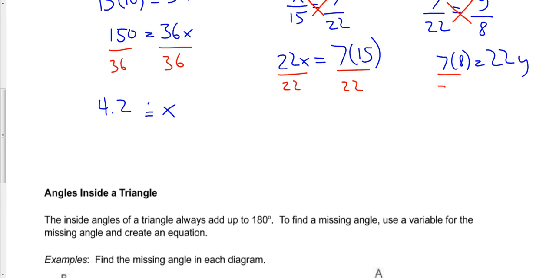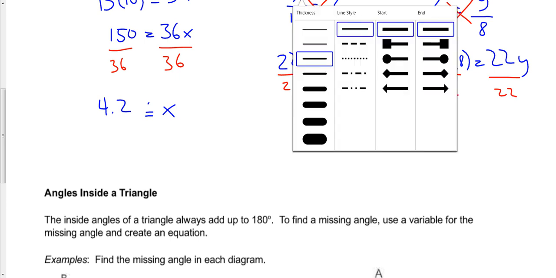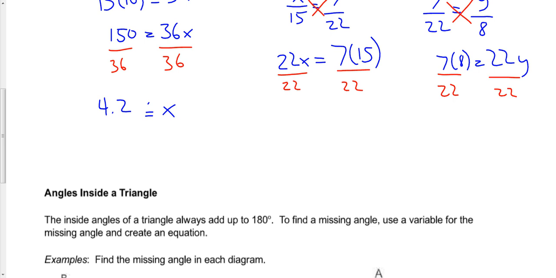Okay. So we're going to divide both sides by 22. And then I'm going to go through and quickly simplify what I can here. So I'm just going to have x is equal to, see, 7 times 15 is 105 over 22.